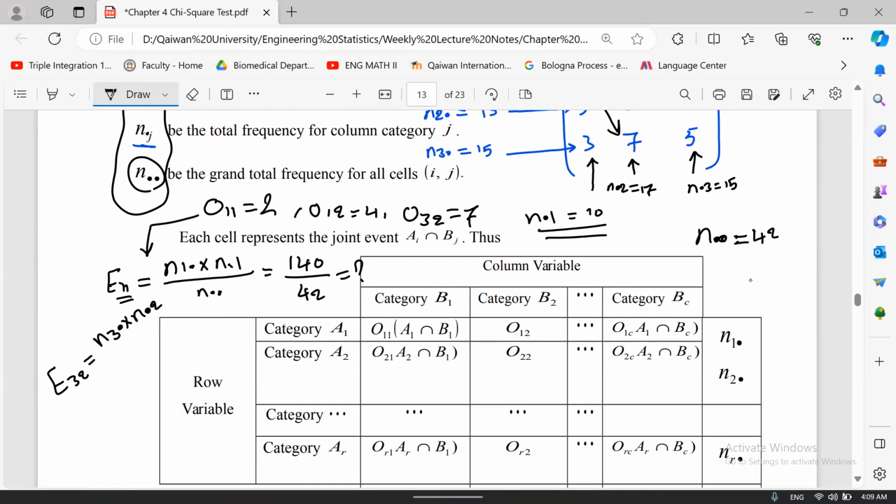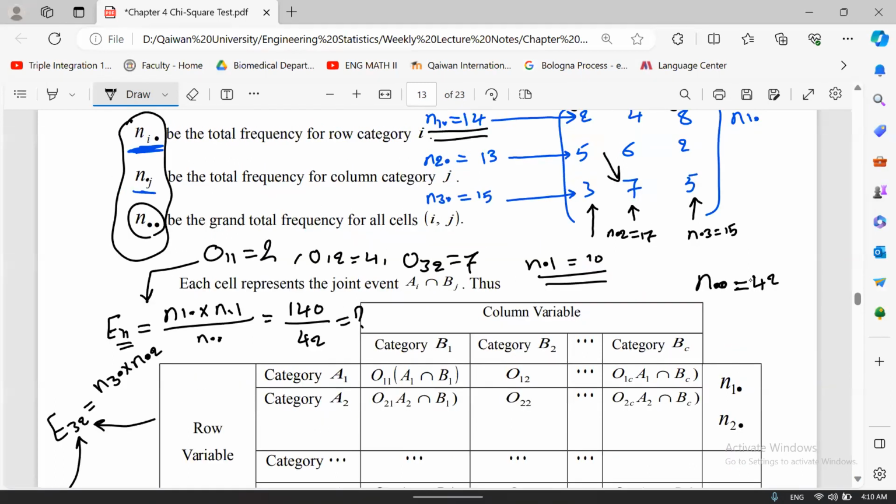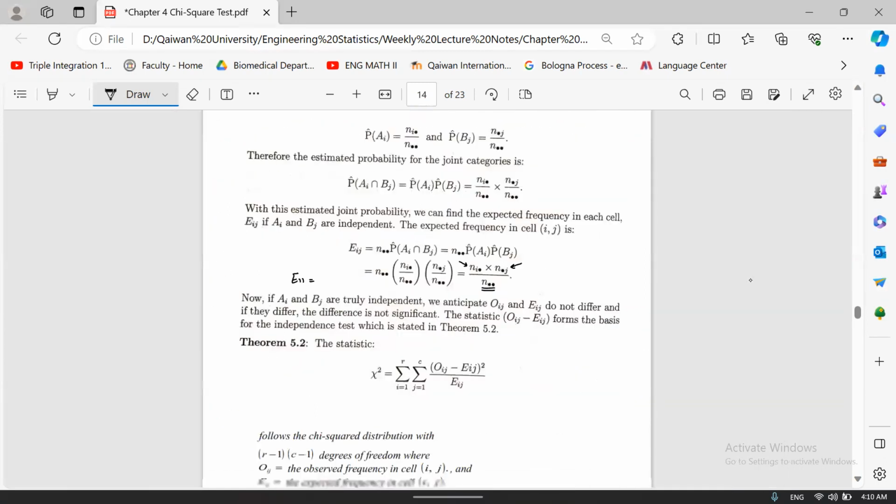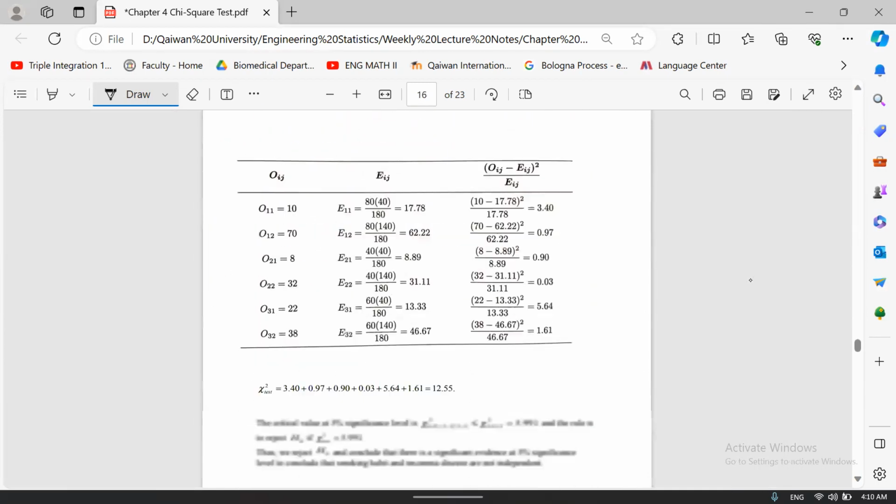The first one is the row index, and the second is the column index. So we have N3 dot times N dot 2 dividing by N double dot. We already found all of this. Just calculate. And you need to find all of them. Then write all of them down in a table like this.